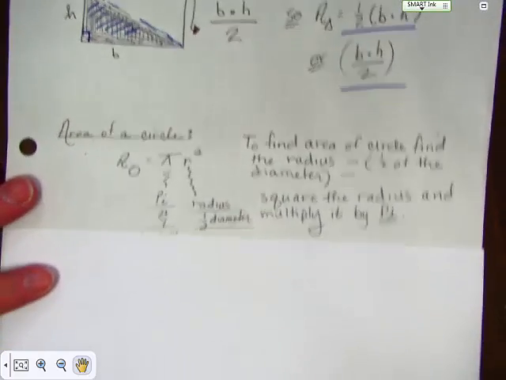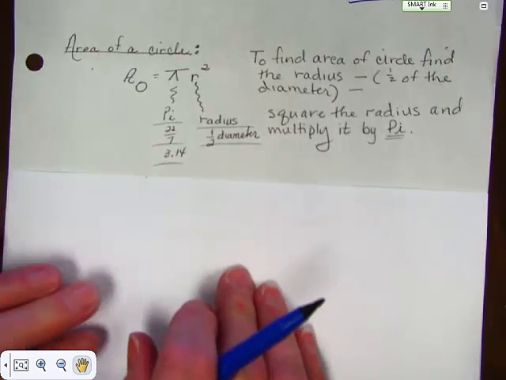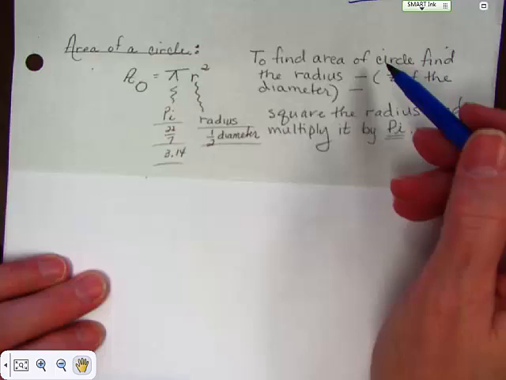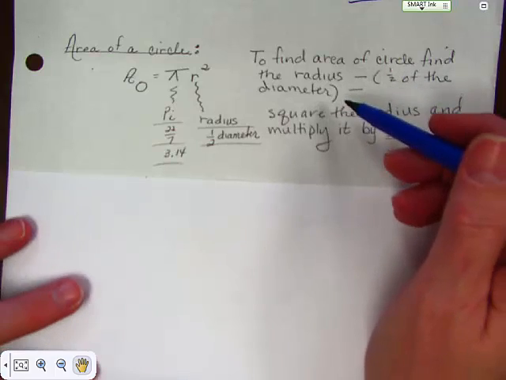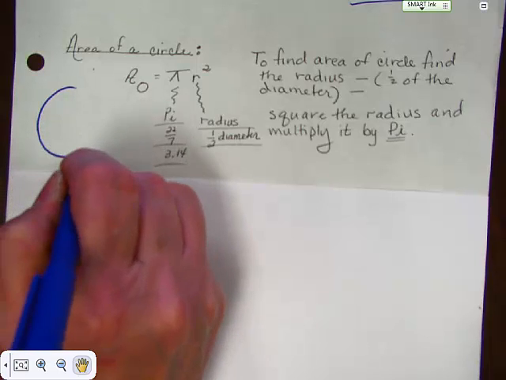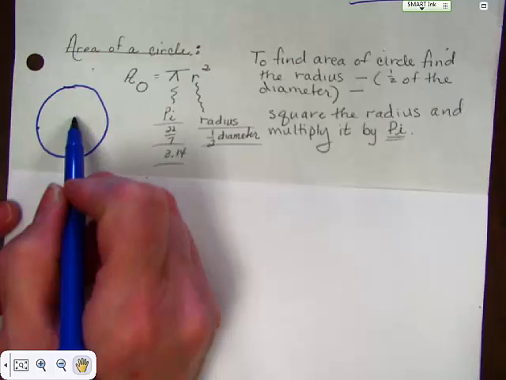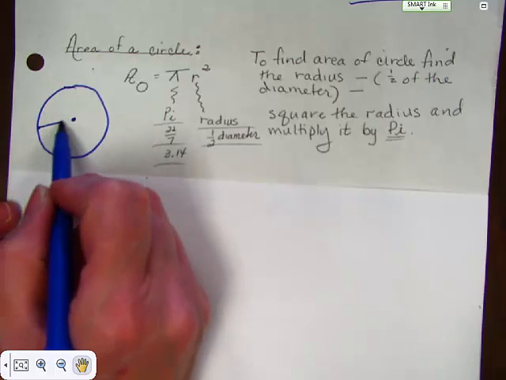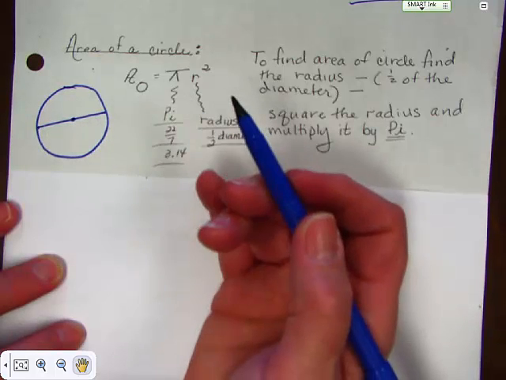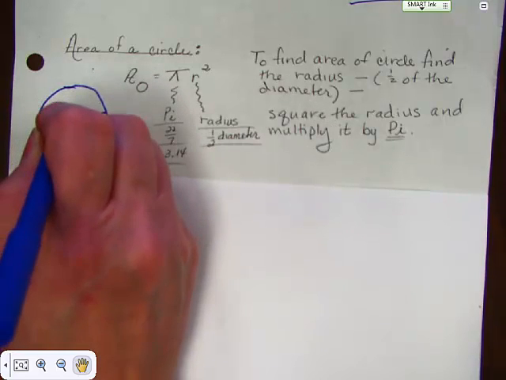Area of a circle has a lot to do with pi. To find the area of a circle, you need the radius, which is half of the diameter. And remember that the diameter, I'm going to draw a circle here, okay? Diameter of a circle goes all the way across the circle through the center. So this is diameter.